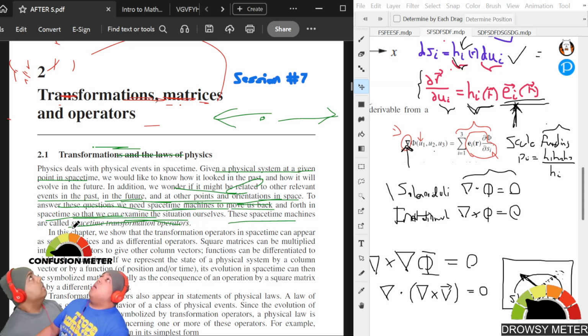These spacetime machines are called spacetime transformation operators. Operators, keyword. In this chapter, we show that the transformation operators in spacetime can appear as square matrices and as differential operators. Square matrices can be multiplied into column vectors to give other column vectors. Functions can be differentiated to yield other functions.